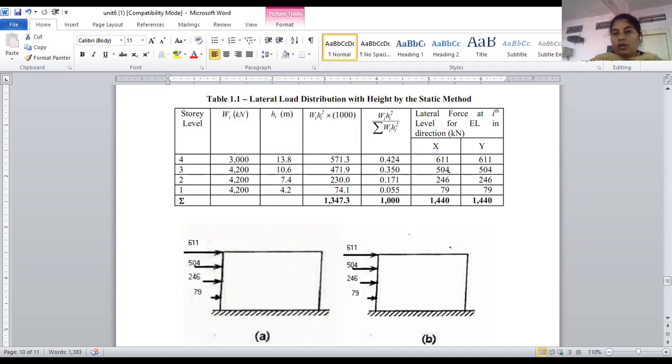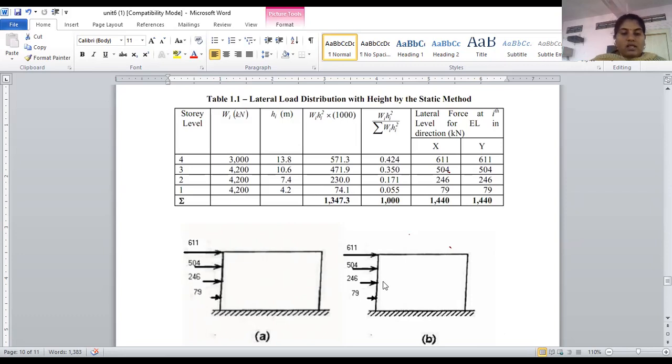That is a very important point. After that, we solved two problems on how to evaluate the seismic forces for a multi-story building. Some basic concepts of the IS code related to the evaluation of seismic forces we also learned in this unit.